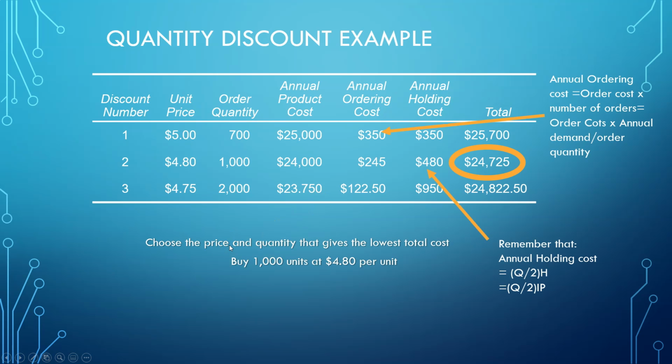Which means that the lowest cost, taking into consideration the trade-off with the holding cost, is discount quantity number 2, which is $4.80 when we buy 1000 units.